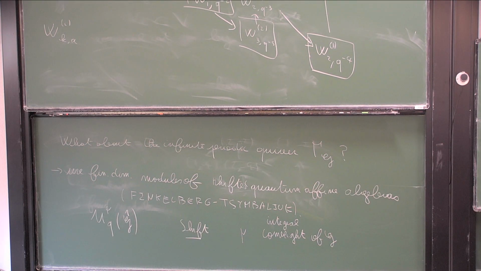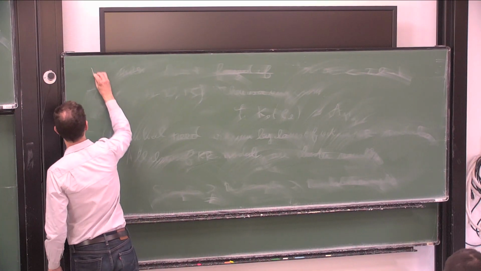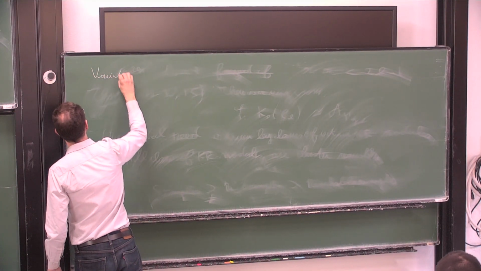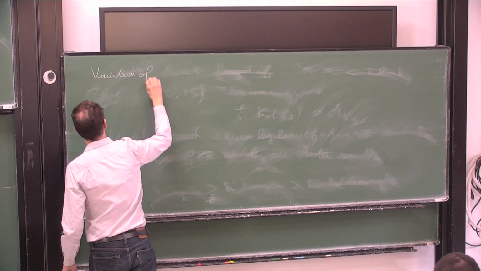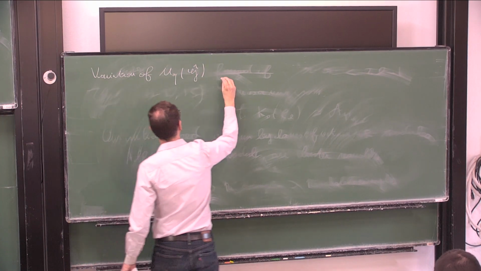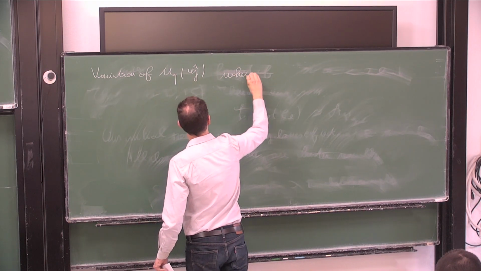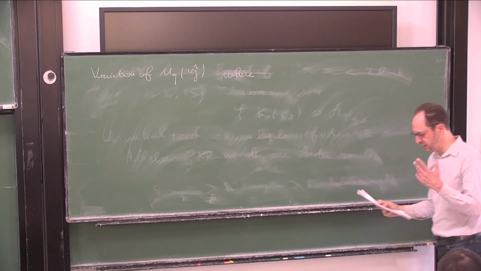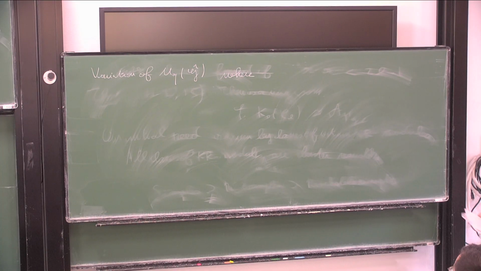The idea of the definition is that it's a variation of U_q(g hat) where we keep the loop generators, but there is some shift in the definition of the current for the analog of Cartan loop generators.